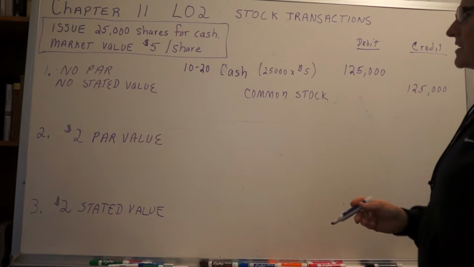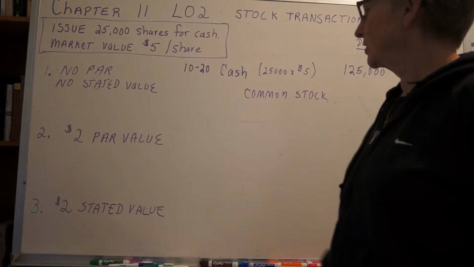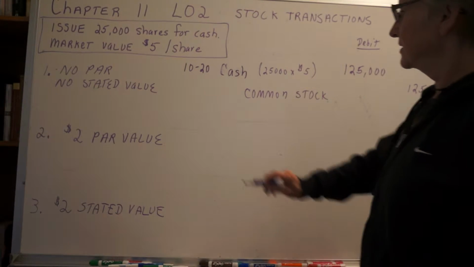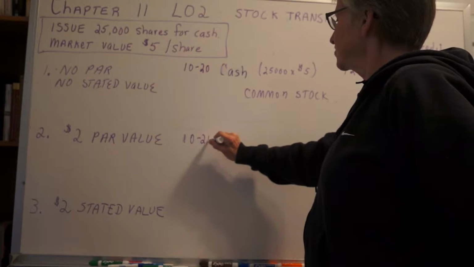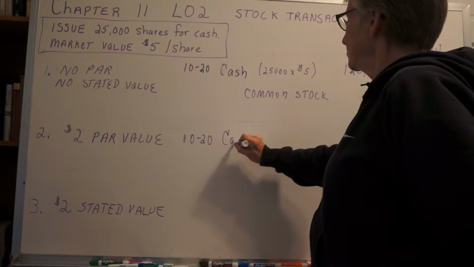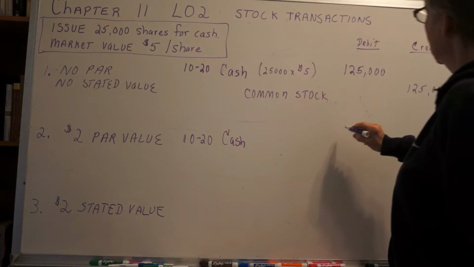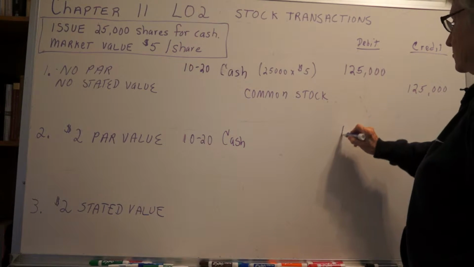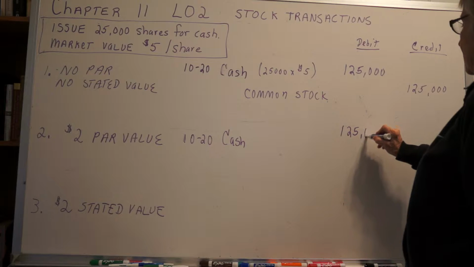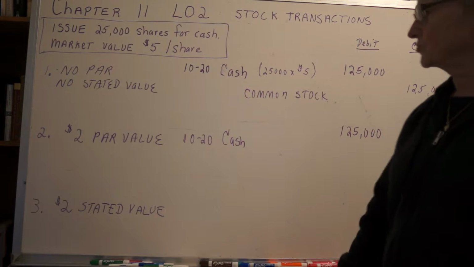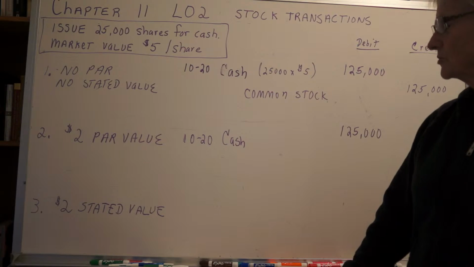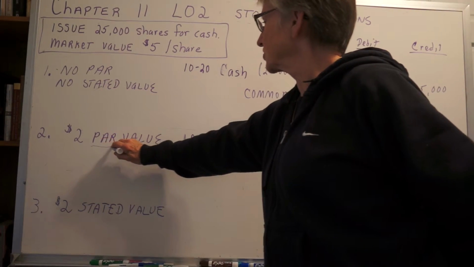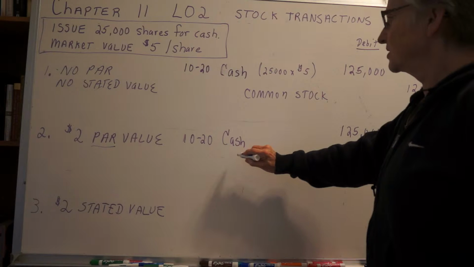Now, what if the stock had a $2 par value? In that case, we would receive the same amount of cash: 25,000 shares times $5 a share. But the amount we attribute to the account common stock is only the par value of the stock, which is $2 a share.